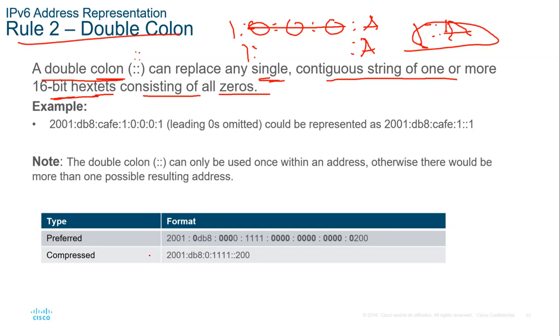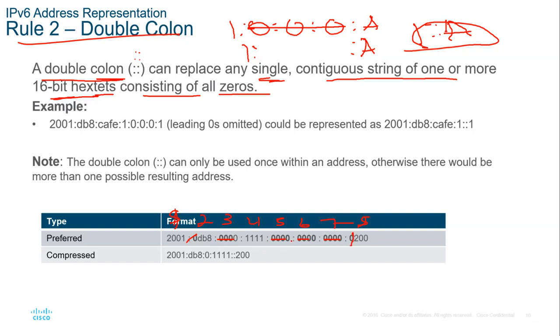So here we have our preferred IPv6 address with 8 extents. This is 1, 2, 3, 4, 5, 6, 7, then 8. So we're going to omit the leading zeros first. This one here out, this out, this out, then this out, then this out, and then this out.